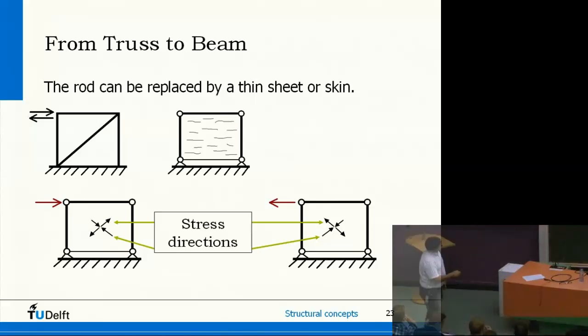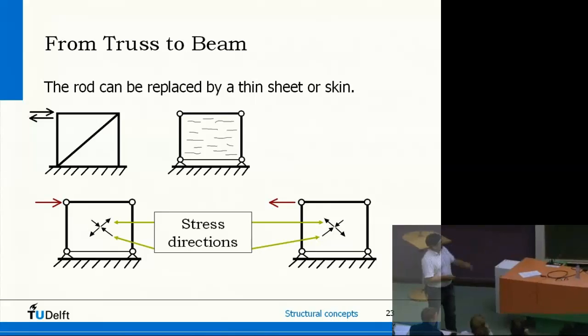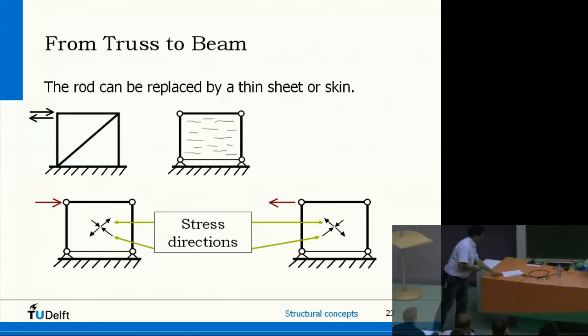In that case, you have here a sheet which is taking up tensile and compressive stresses. If we apply a load in that direction, the material wants to deform like this, wants to become longer in this direction, so I have a tensile force in this direction. In this direction, it tends to become shorter, so I will have some compressive forces.